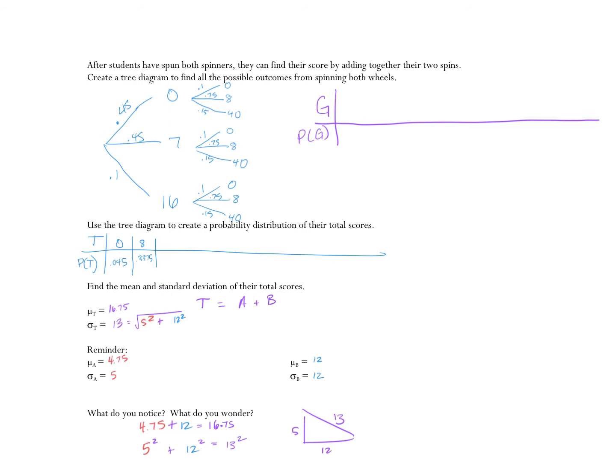And so 0 minus 0 would be 0, 8 minus 0 would be 8, 40 minus 0 would be 40. My next step would be 0 minus 7 is negative 7. 8 minus 7 is 1. 40 minus 7 is 33.